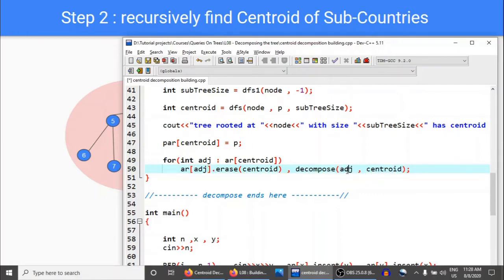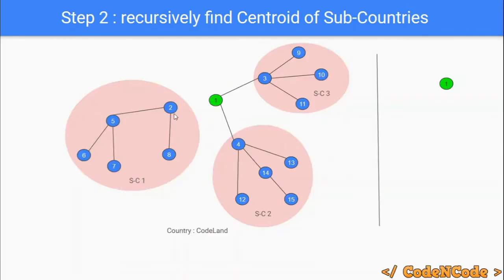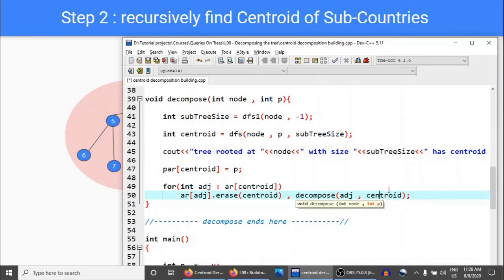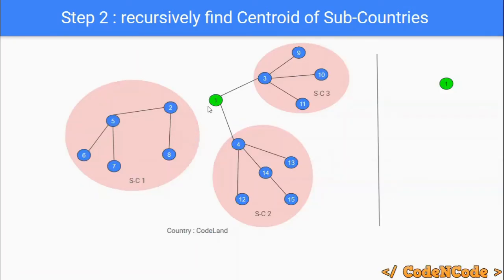Then we find the centroid of the subcountry which is rooted at that node. So we are making a decompose call to that node, passing the current centroid as its parent. I have removed the edge because of the erase, if you can see in the code, and then I recursively find the centroid of this subtree or subgraph, whatever you want to call it.